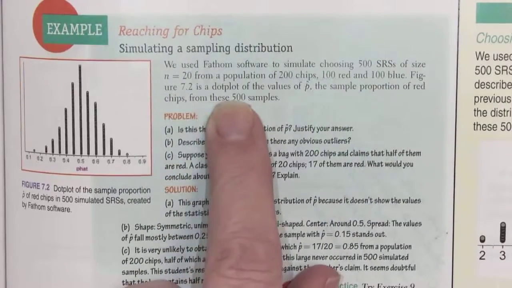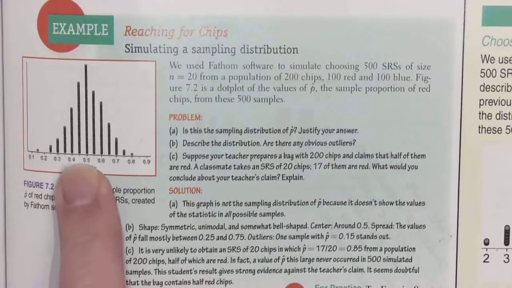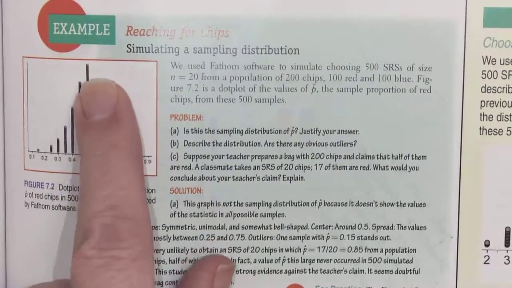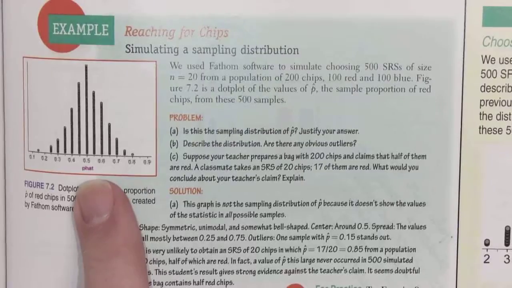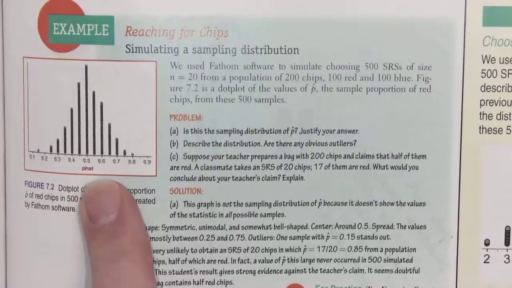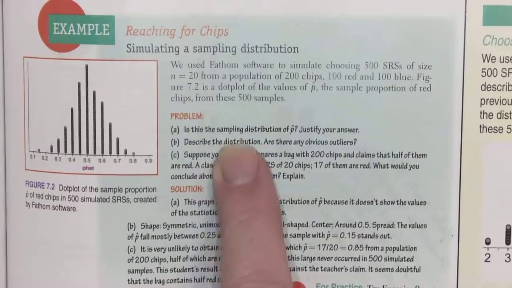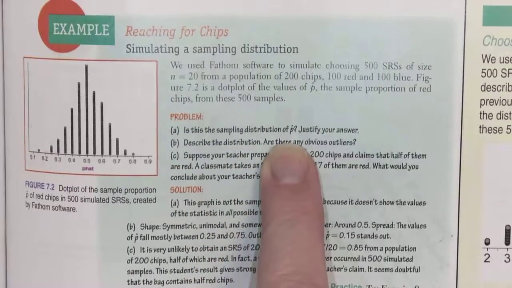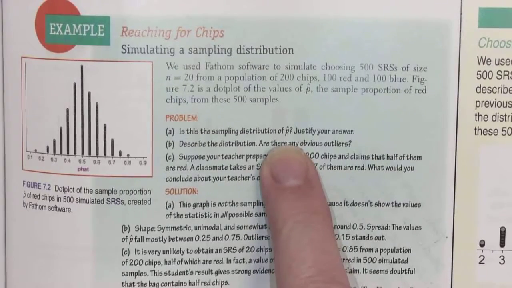Figure 7.2 is a dot plot of the values of p-hat. So we have this right here. And now it almost looks like straight lines, but if you look in your book as you're listening to this activity or sitting in the classroom, you'll see those are tiny dots, and there's just so many it almost looks like a line. Okay, is this the sampling distribution of p-hat, meaning all possible outcomes?